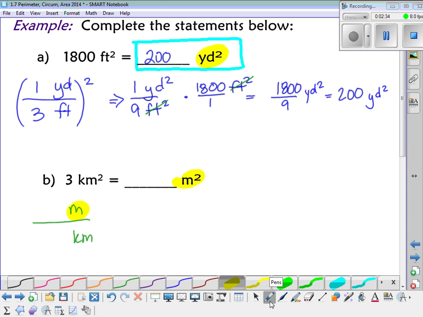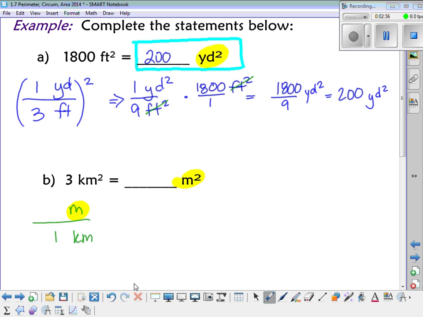Okay, so 1 kilometer, we said, was 1,000 meters. And now I have to square it. And when I square it, 1,000 times 1,000 is 1 million. 1 million square meters is the same as 1 square kilometer.